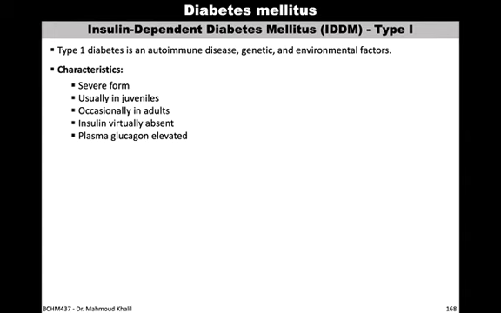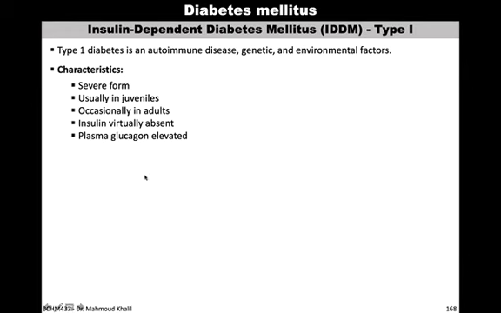It's a very severe form of diabetes mellitus, and usually starts in juveniles and occasionally in adults. Insulin is absent because you have an autoimmune disease. So the beta cells that secrete insulin get destroyed by the immune system of the body.